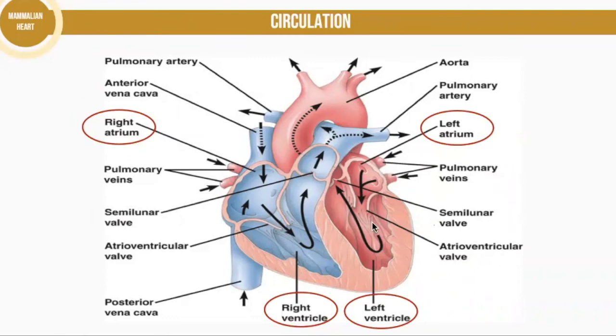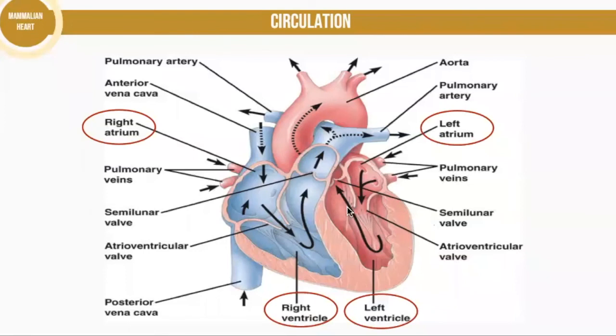From the left ventricle, oxygenated blood will be pumped to other organs. In other words, it will now enter the systemic circuit. The main vessel is the aorta, a large artery.